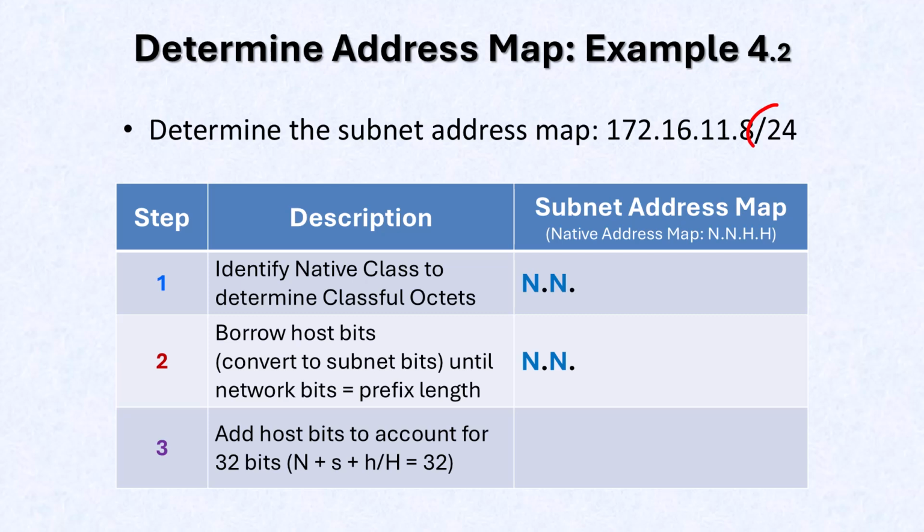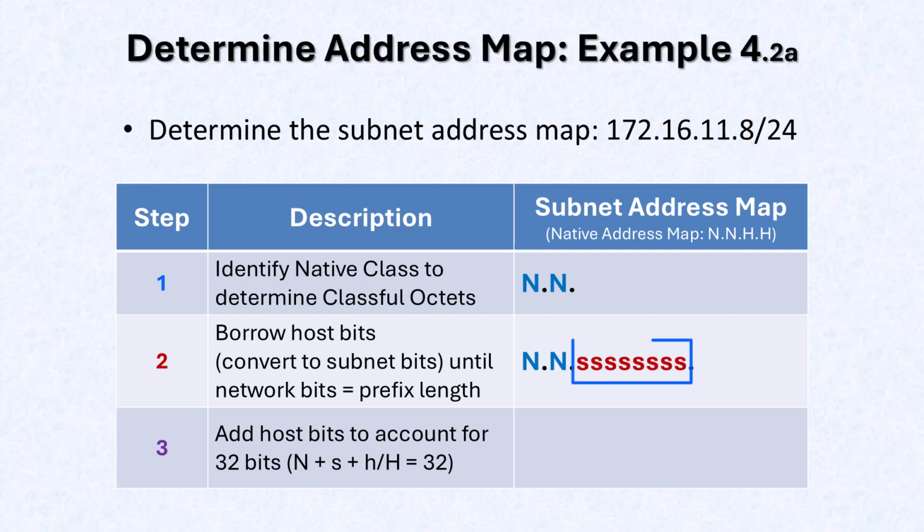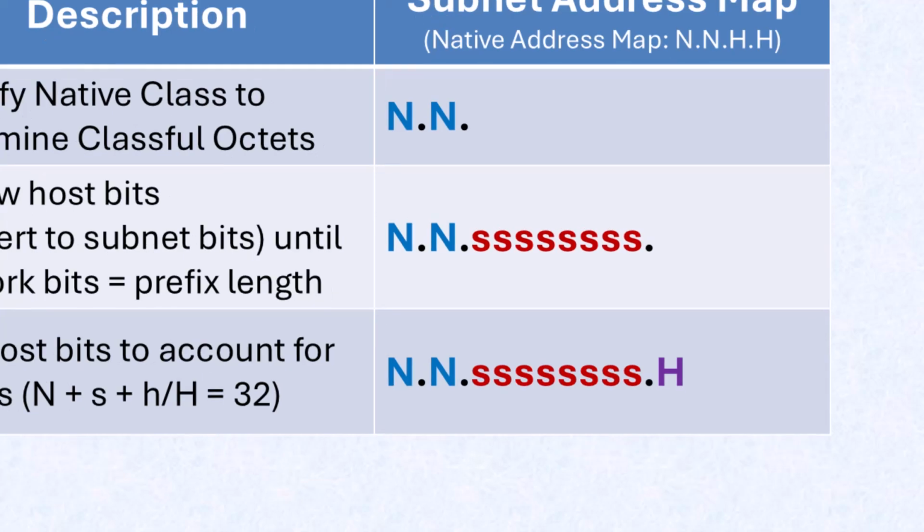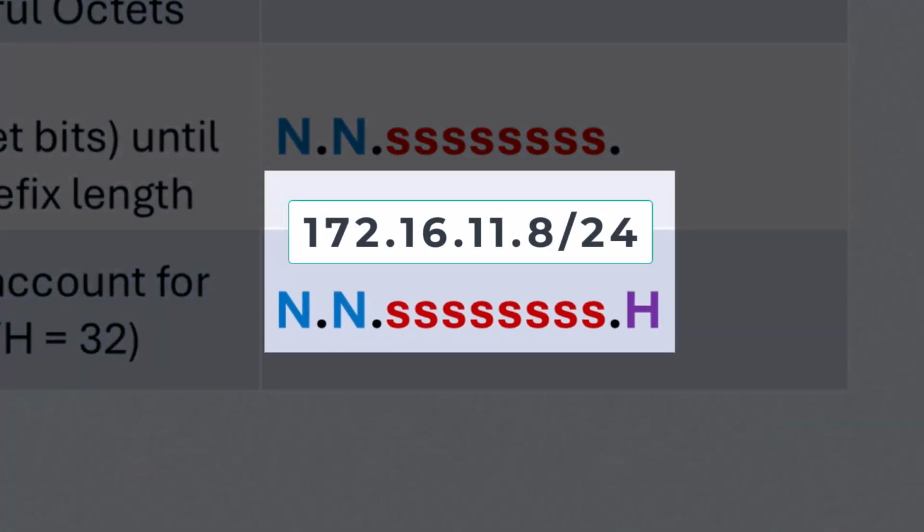In Step 2, since the prefix length is 24, we borrow 8 bits. This gives us a total of 24 network bits. Keep in mind the /24 does not change the native class of the address to a Class C. In Step 3, we add 8 host bits to account for a total of 32 bits. This is the subnet address map for the given address.